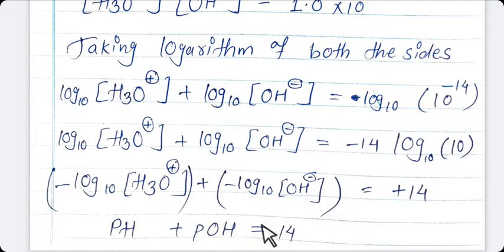So what is the relationship between pH and pOH? pH plus pOH is equal to 14. How do we derive the relation between pH and pOH?